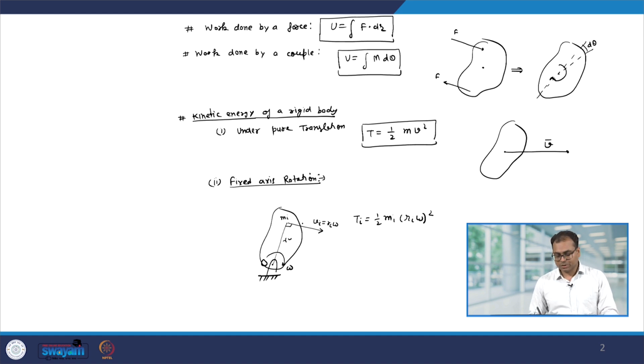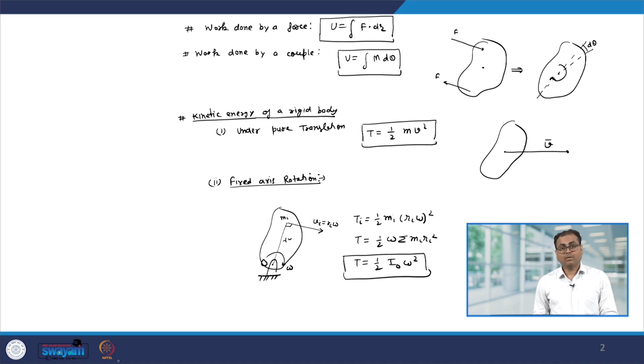Now, this omega is constant on the body because the whole body is rotating with a fixed angular velocity. Therefore, total T will be half omega square, I can take outside the summation mi ri square, and summation mi ri square is the moment of inertia of this body about point O. So, T will be half I naught omega square.